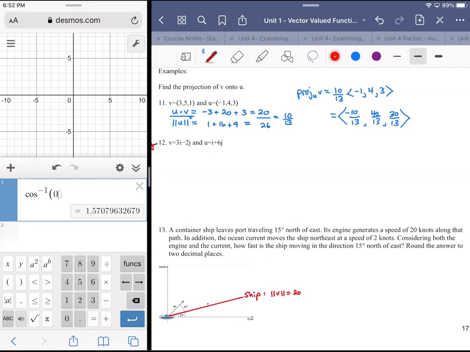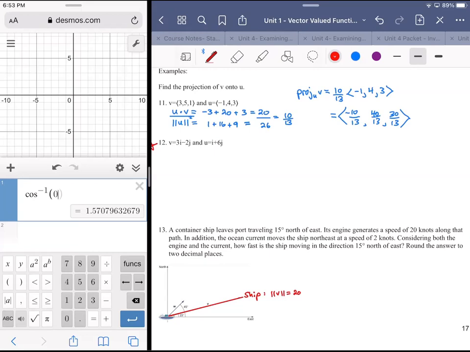All right. In addition, the ocean current moved the ship northeast at a speed of 2 knots. Okay, so we have that other angle there that's going to contribute towards this movement. We just don't know in what capacity.